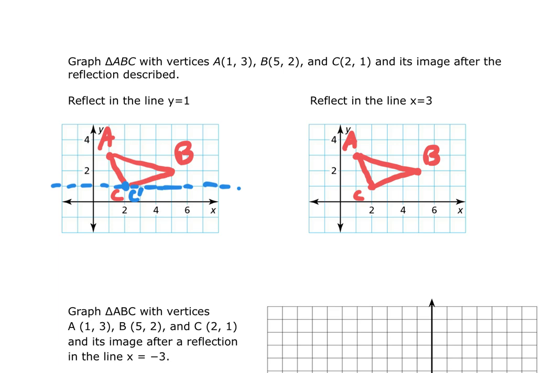Okay, A, how far is A above the blue line? 2. So if I go 2 above, then I'm going to go 2 below, and that would be A prime. And then for B, B is 1 above the line, so we got to go 1 below the line.